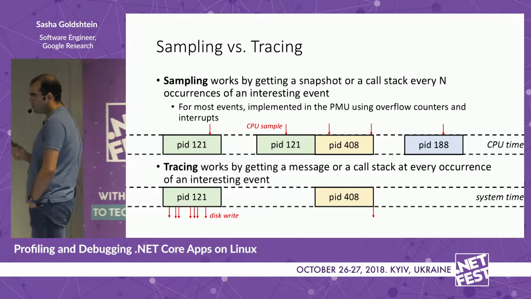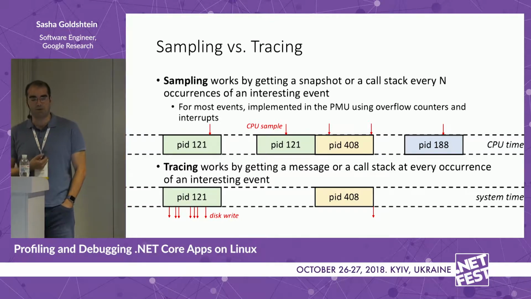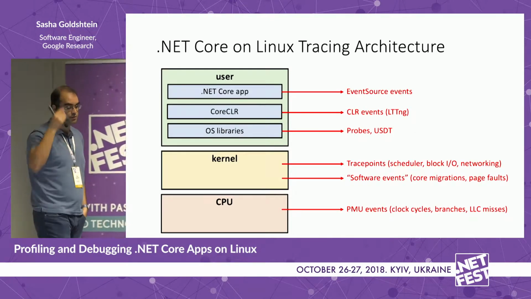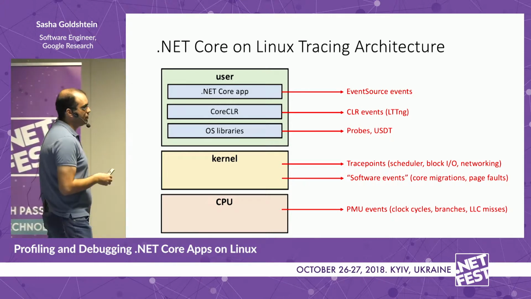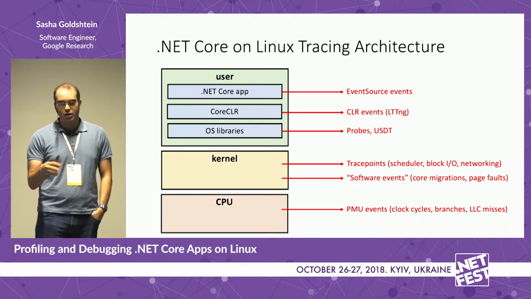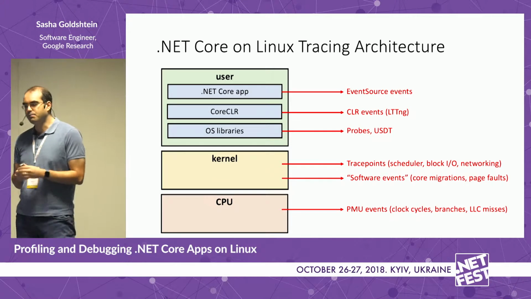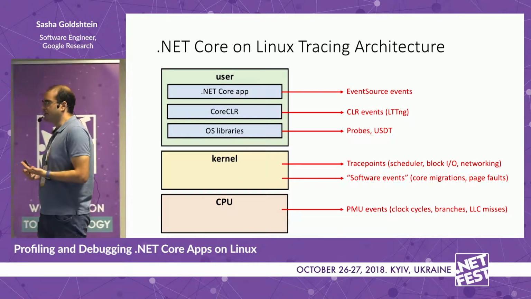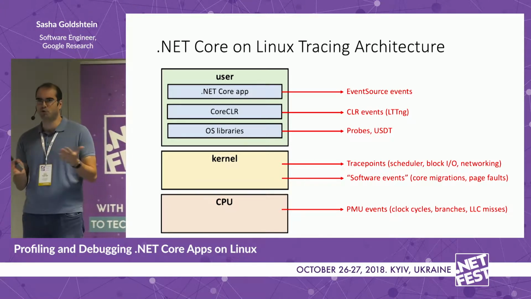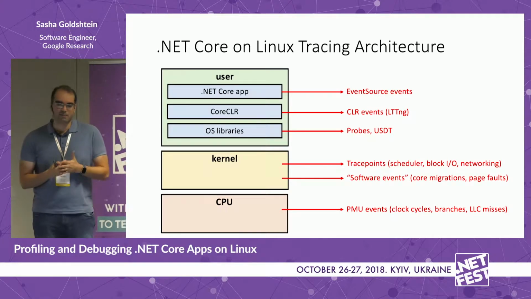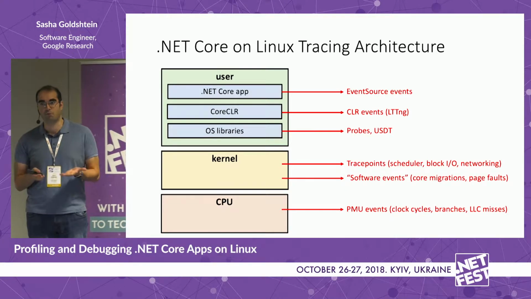So let's look at what pieces make the .NET tracing architecture or infrastructure. This is .NET Core running on Linux on top of the operating system kernel, on top of the CPU, and not all of this was built to support .NET Core. In fact, almost none of this was built to support .NET Core.